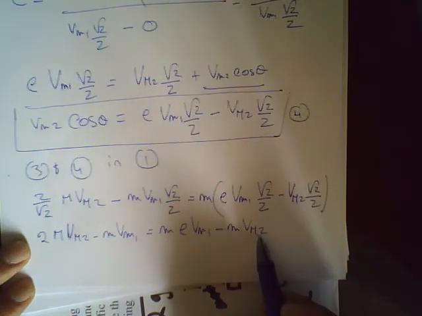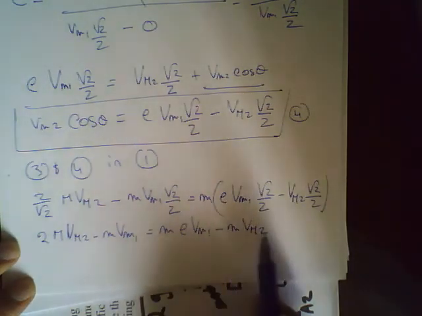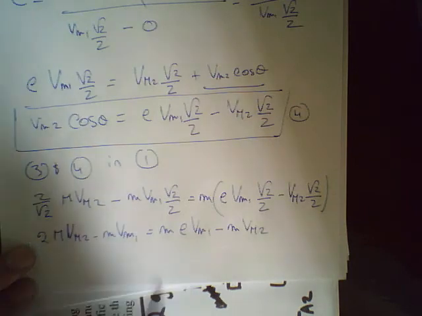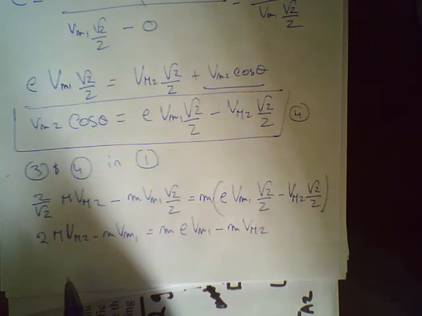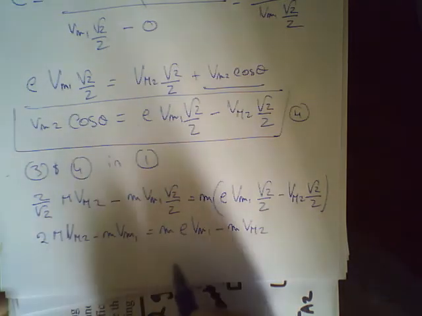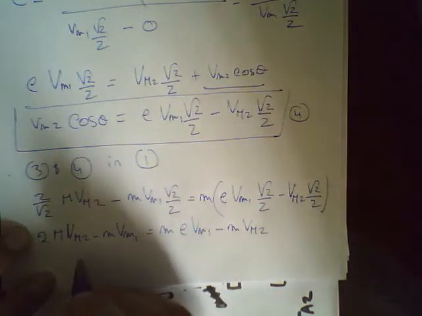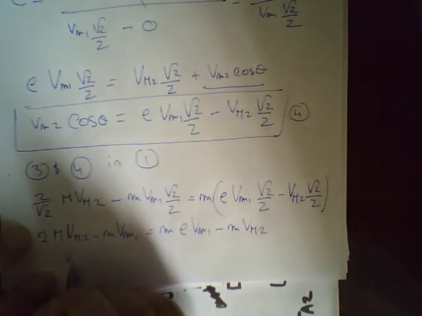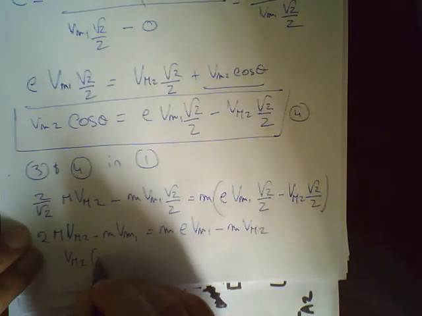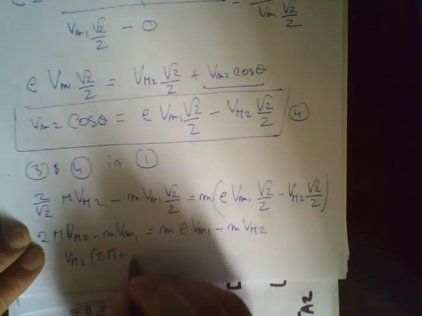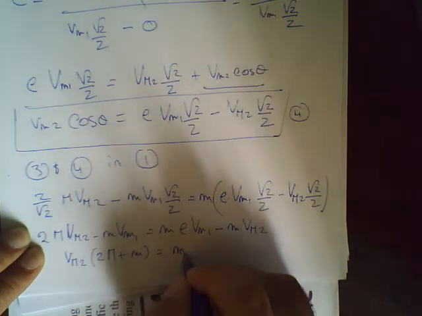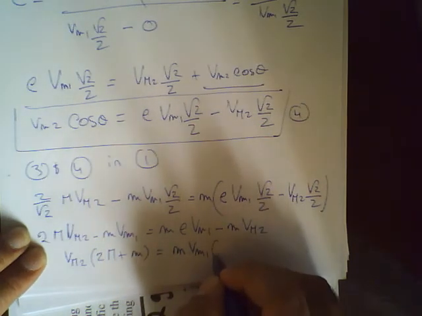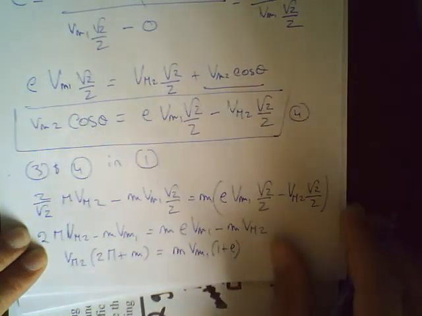Okay, so everything is cancelling out. So where are we right now? We are trying to find Vm2. So Vm2, the bigger mass plus the smaller mass, is going to be equal to m Vm1 (1 plus e).